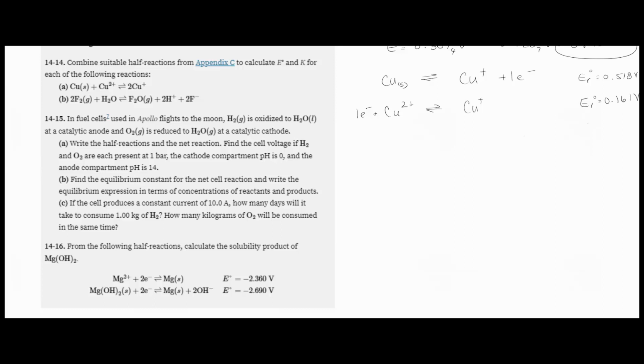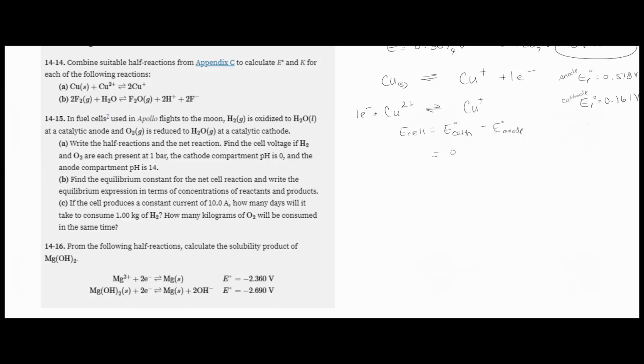So this top equation, this is oxidation. So this is my anode, and this one down here, this is my cathode. This is reduction. And the E of the cell is going to be the E of the cathode, the E naught in this case, minus the E naught of the anode when they're written as reduction potentials.